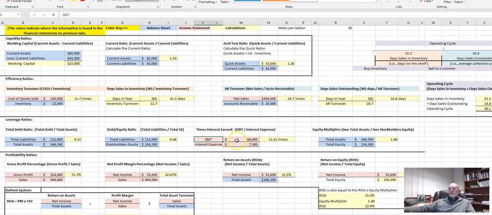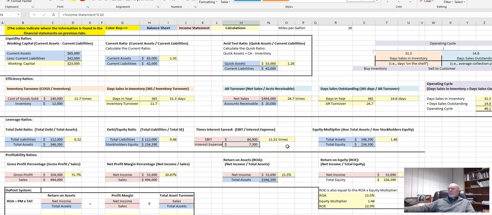If you divide your earnings before interest and taxes by the interest expense, it tells you how many times you are covering the interest charges for the year. So basically, how much cushion do you have in your income statement in order to continue covering the charges for debt?